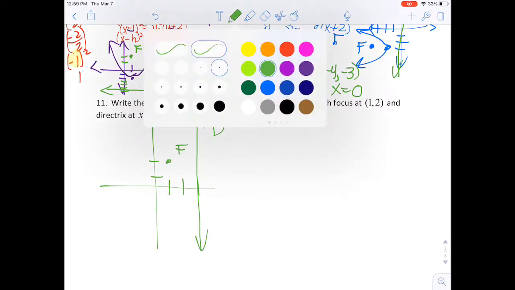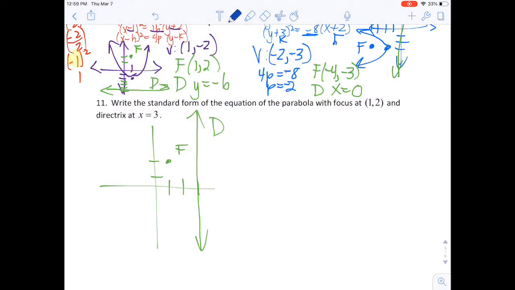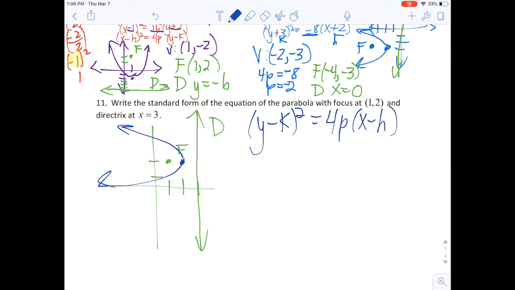And now our vertex has to be right halfway in between the two of them, so that has to be right here for our vertex. And our focus is going to be in between the vertex, so I'm going to have to make my parabola going to the left. That tells me I have y minus k squared equals 4p times x minus h.